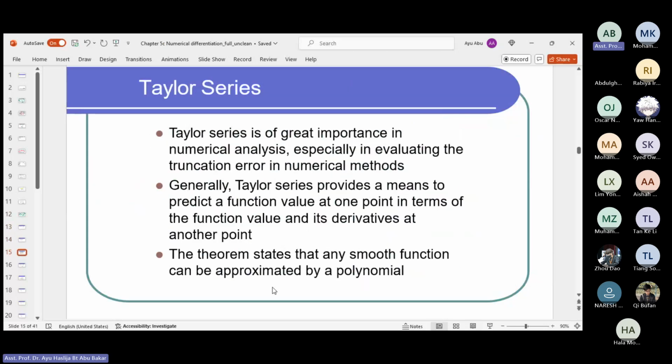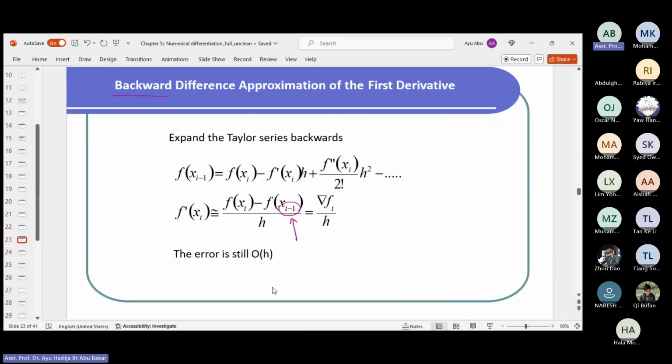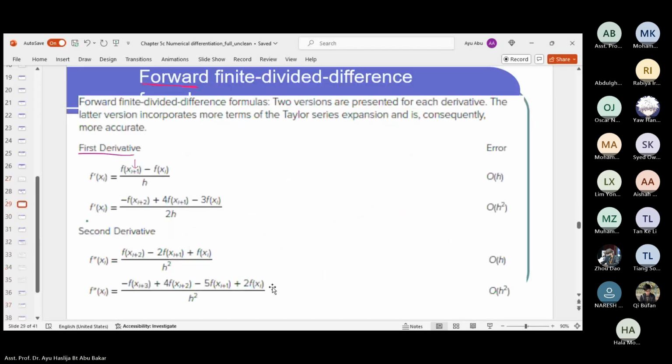Now this one, the earlier slide, I already explained earlier. Similar. This is the equation that will be given to you during the final exam. First derivative, make sure the first derivative is this.